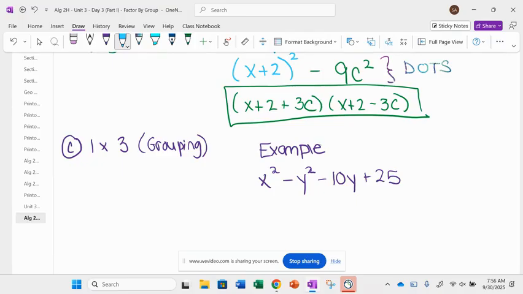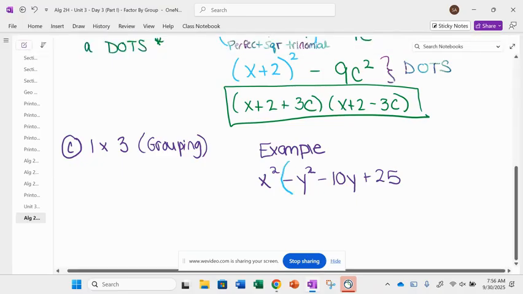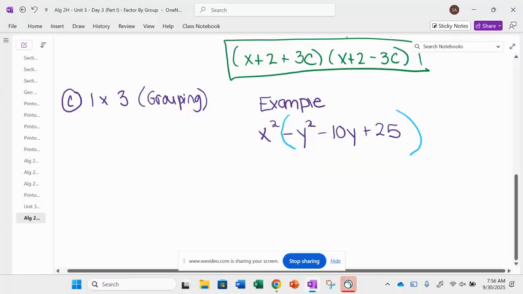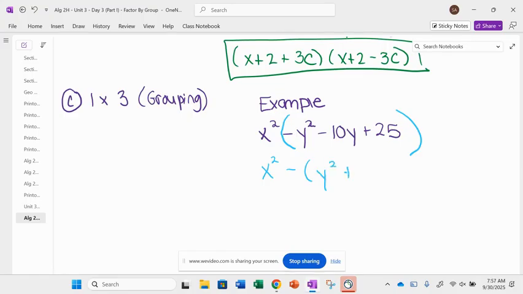But when we group it together, this is a negative y squared. I have to include that there. Can I factor something when the leading coefficient is negative? No, but that was a negative y squared. So what I'm going to do now is pull out a GCF of -1 to make that y squared positive. So this is going to be x squared minus the quantity of y squared plus 10y minus 25.